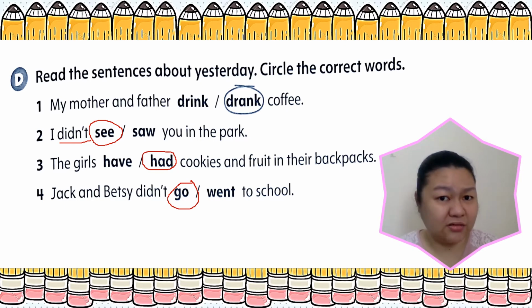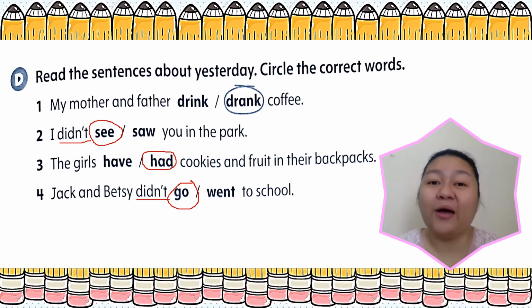Why went? Why go? Why not went? Correct. Because the word didn't is in the sentence and the rule is, if the word didn't is there, the verb should be in the present tense. So very good.